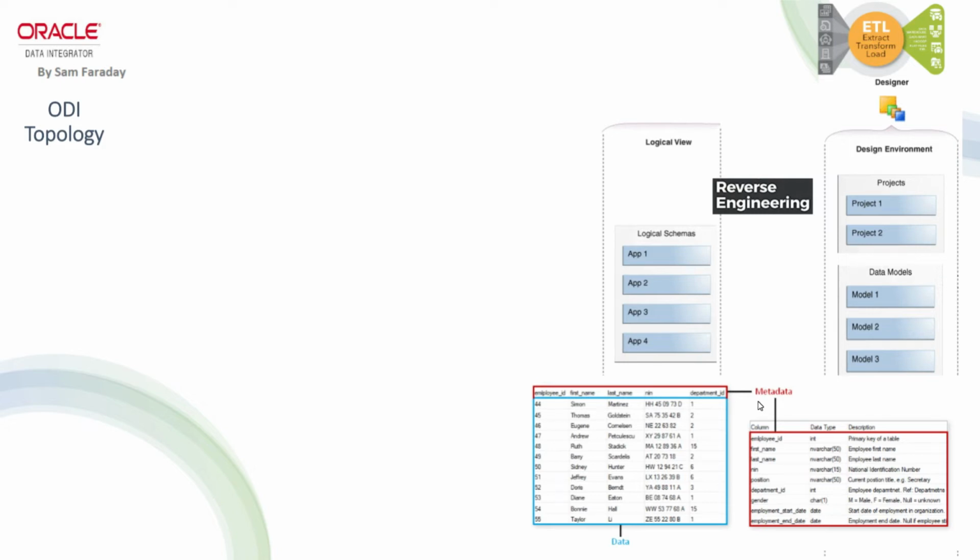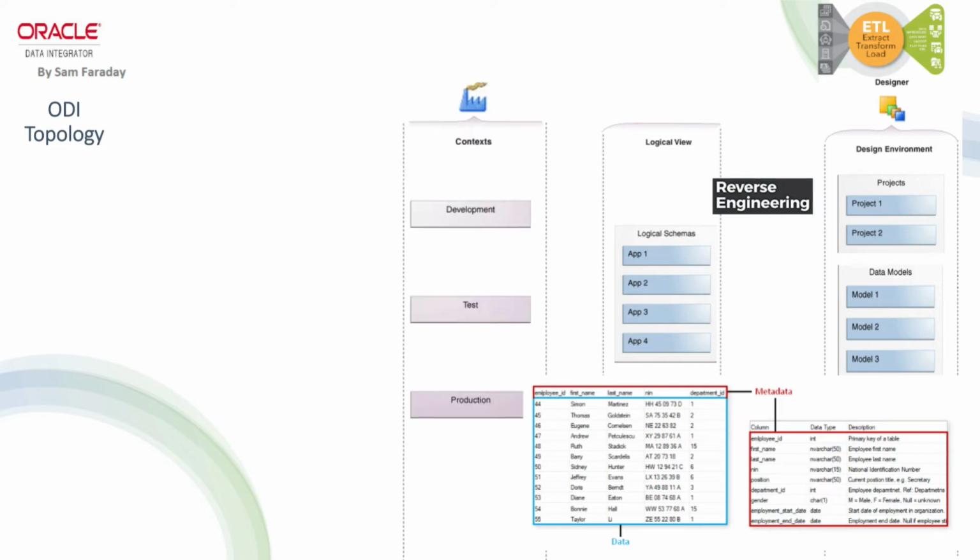That's one point. The next step we're going to need is to say, okay, but from which context are we going to load that data? Are we going to load that to the development server, to the test server, to the production server, to our server in São Paulo, to our server in New York?